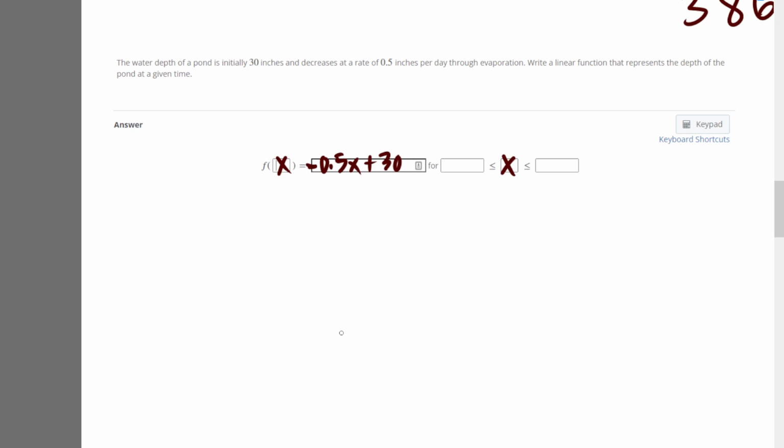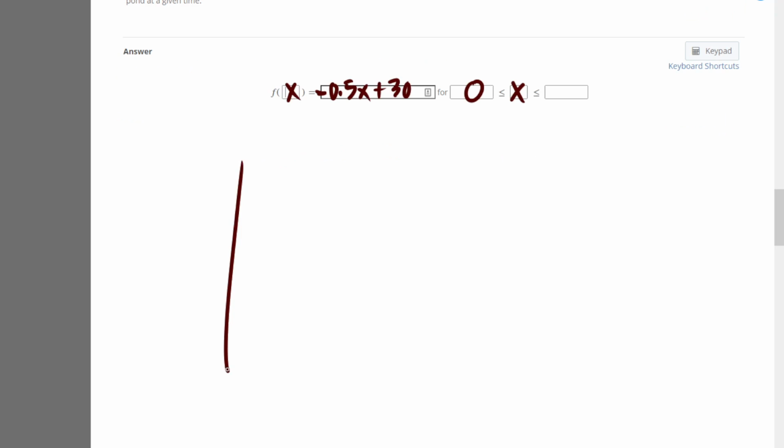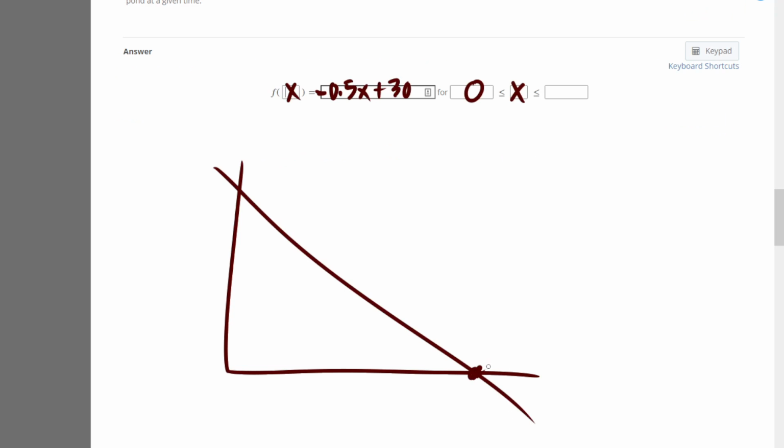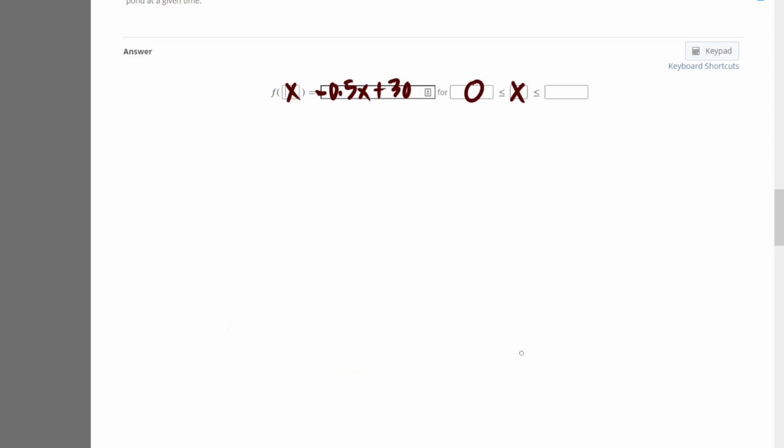Now, we know that we can't have negative days, right? So x has to be greater than or equal to 0. And we can't have negative water either. So when our pond reaches the bottom, we want to find out what day that is. So we need to basically find our x-intercept, right? So 0 is equal to negative 0.5x plus 30.